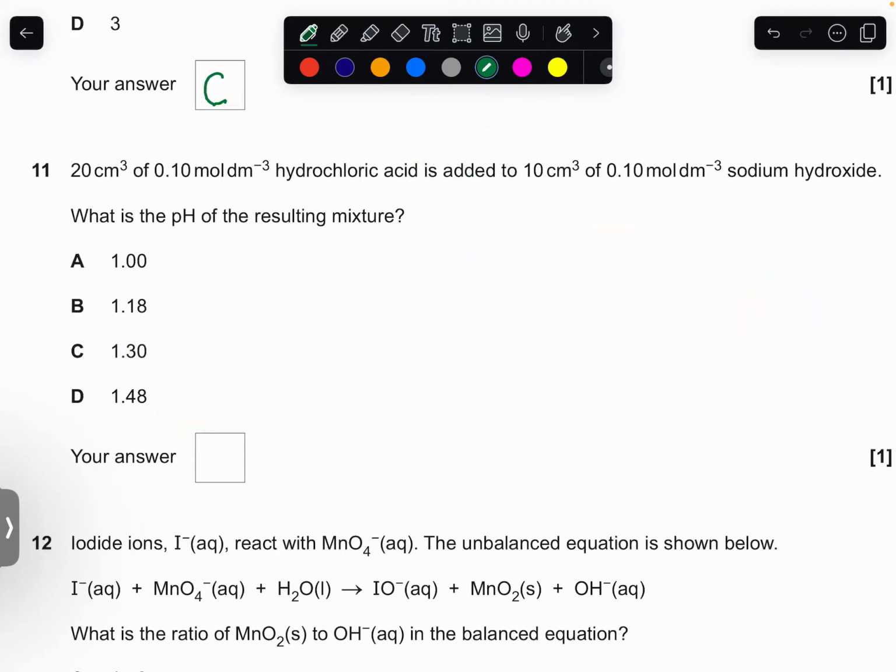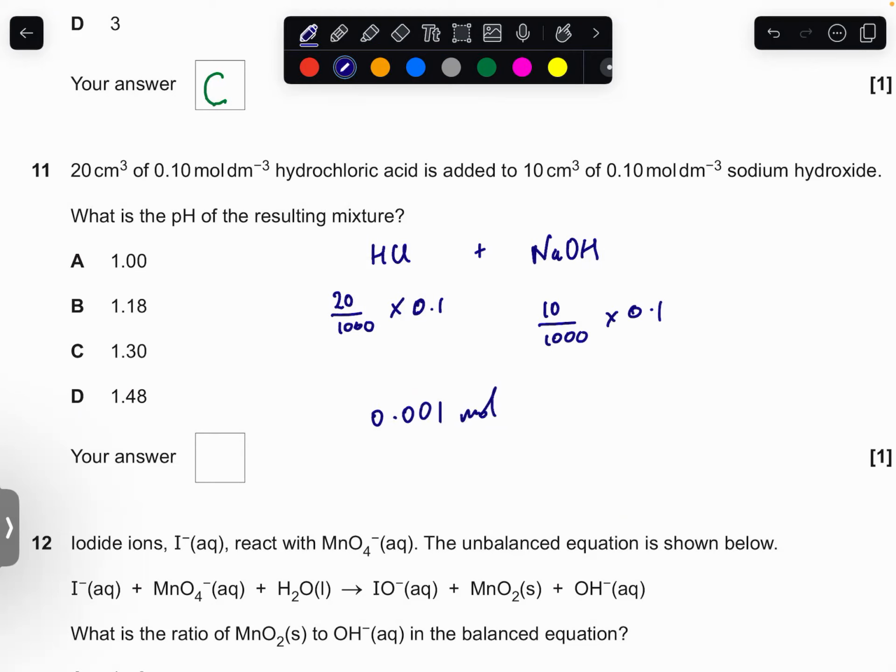HCl and sodium hydroxide react in a 1-to-1 ratio. And if you look, all the sodium hydroxide gets used up, and you're going to end up with just 0.001 moles of HCl.